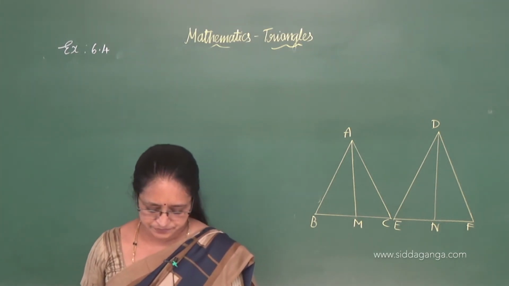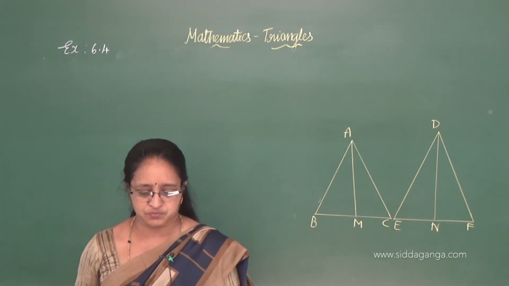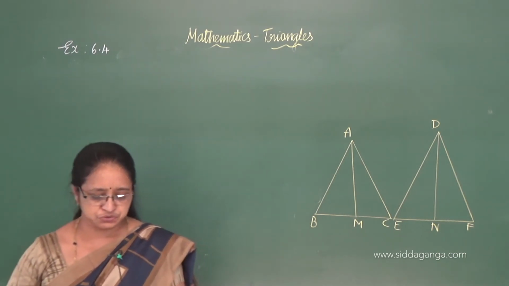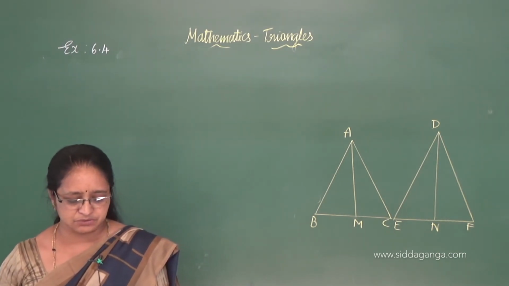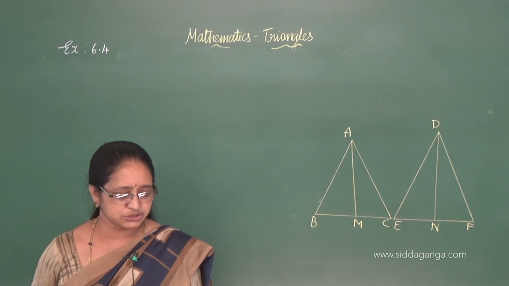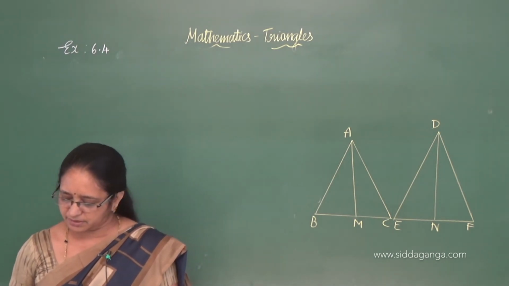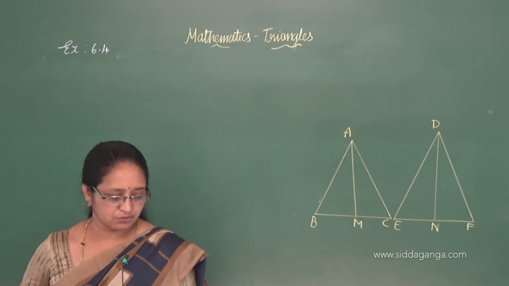Sixth one. Prove that the ratio of the areas of two similar triangles is equal to the squares of the ratio of their corresponding medians. Okay.